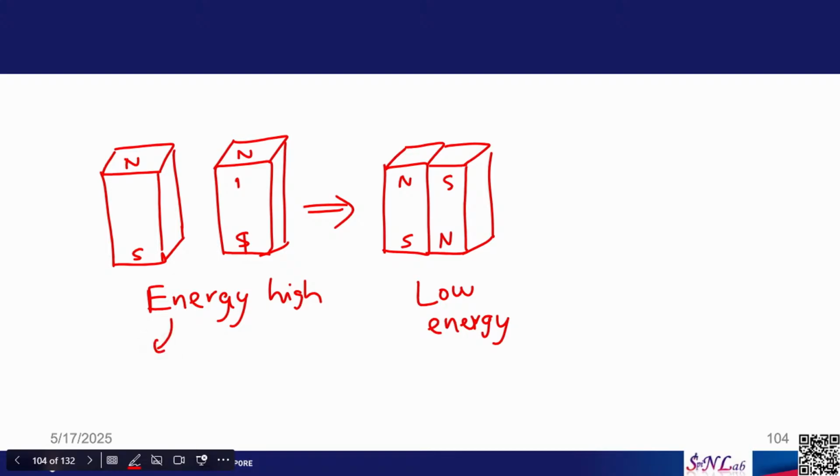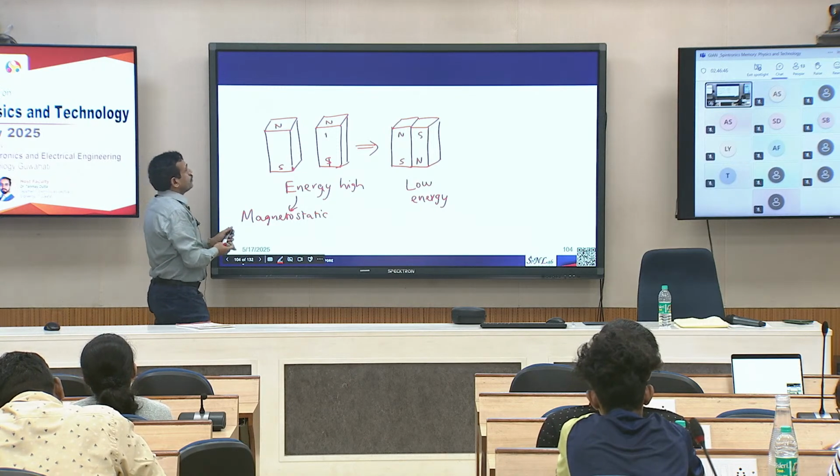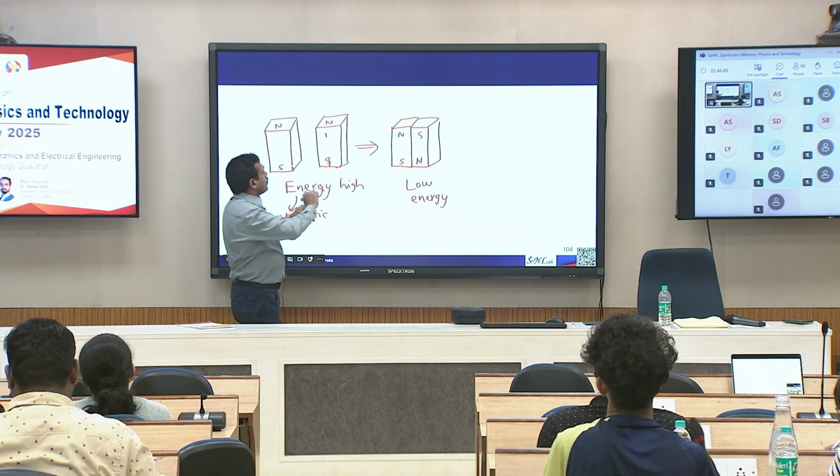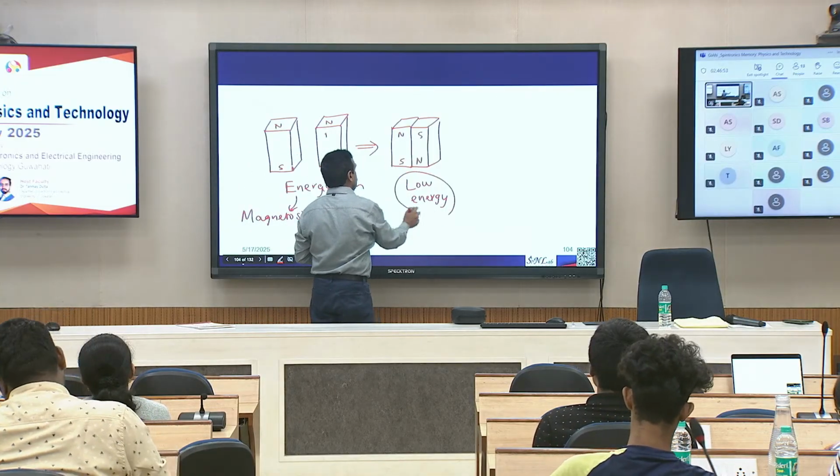This energy is called the magnetostatic energy. Magnetostatic energy is minimum when you have two unlike poles next to each other, and when you have two like poles next to each other, the magnetostatic energy is high. So, when you bring two magnets close, they flip into this direction to minimize the energy.